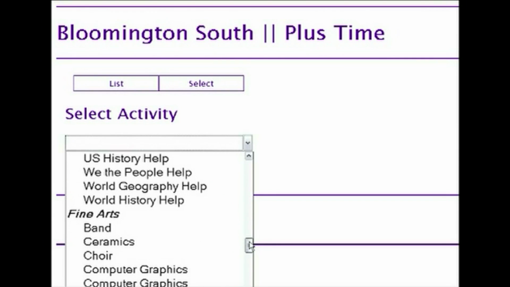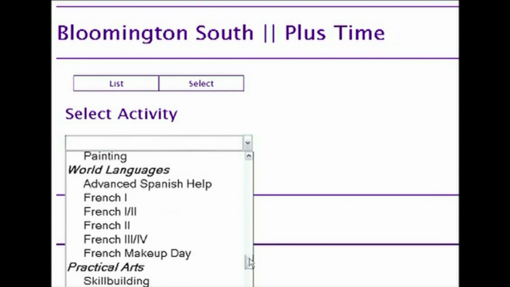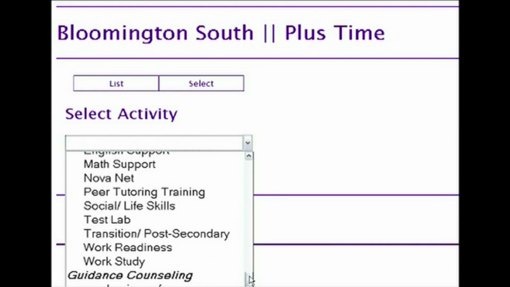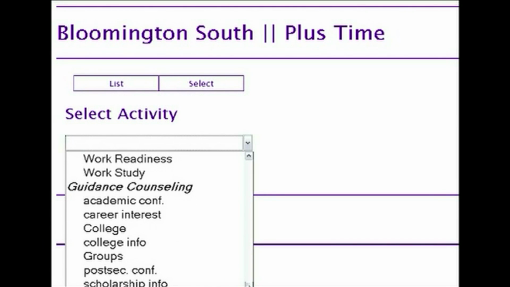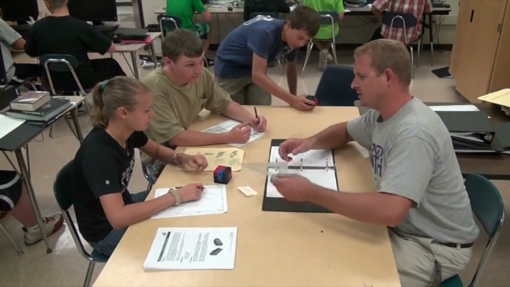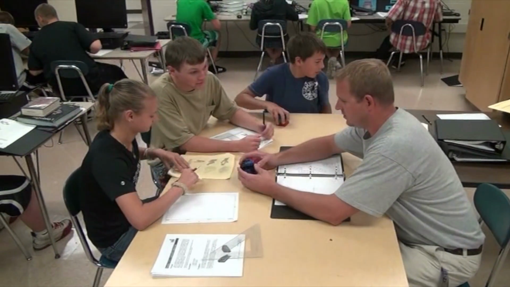So it's very important to watch and make sure, for example, you sign up for Algebra 1 help if you're in Algebra 1, or Algebra 2 help if you're in Algebra 2, because otherwise you will end up in the wrong lab. This system is not set up so that everybody who needs help in any math course goes to the same room. This program is set up so that you get specific help in the specific areas that you need.